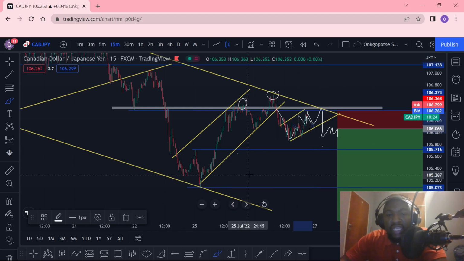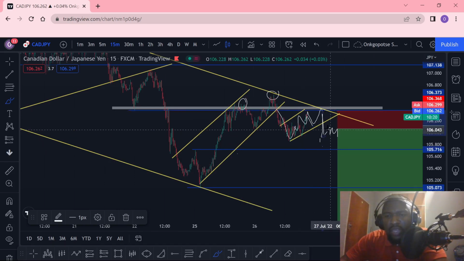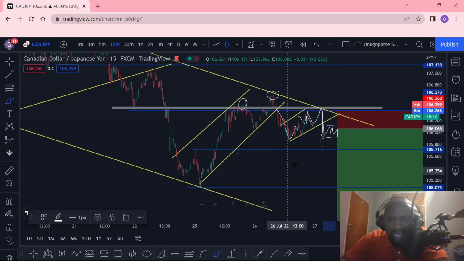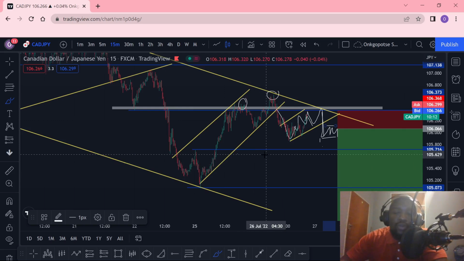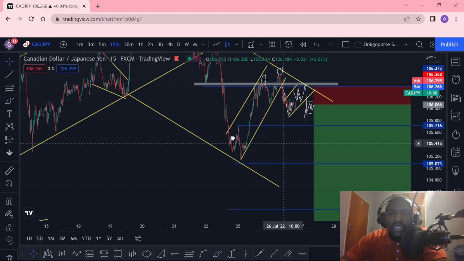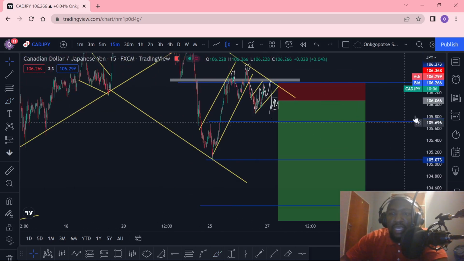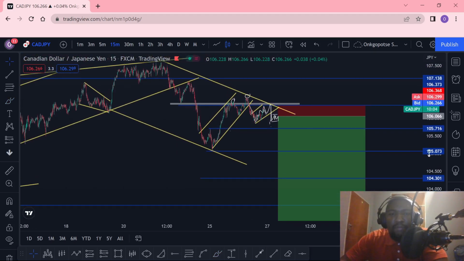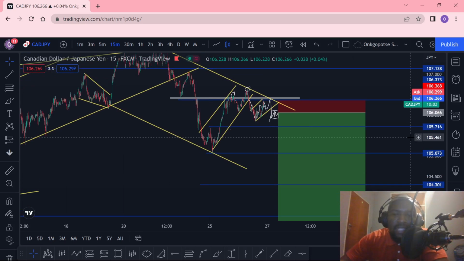However, if we experience this beautiful sell off right here, which is more impulse, we shall wait for correction to occur before we take those beautiful sells. At this particular moment, the KJPY is looking beautiful for sells, but it's still shaping up.